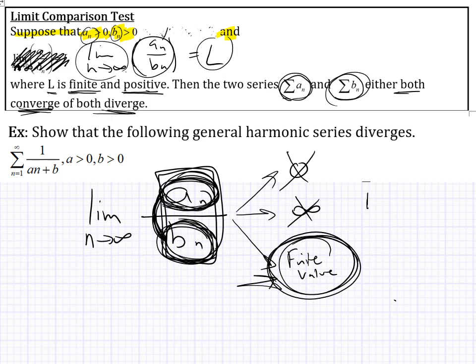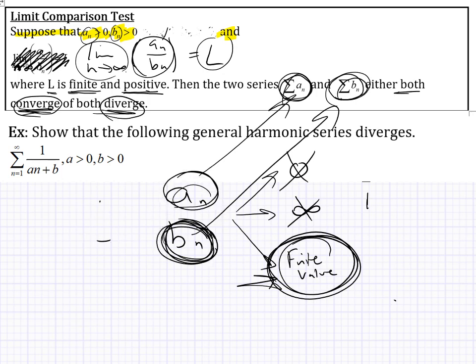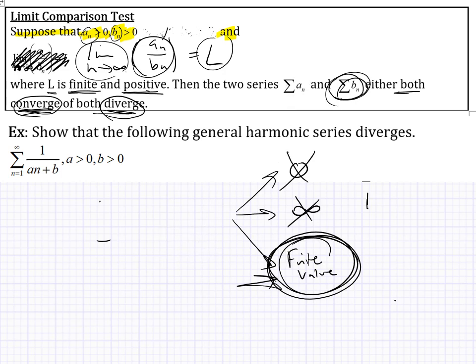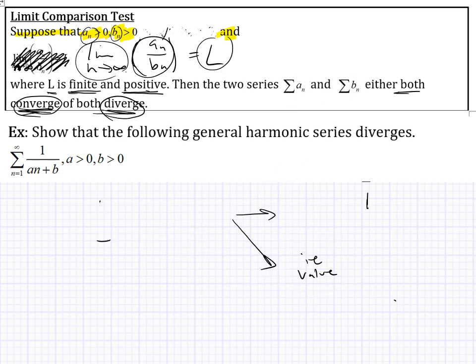So the terms of a sub n are the terms of this series, and b sub n represents the terms of this series. We're basically saying that the terms of each series are growing at the same rate. And if they're growing at the same rate, then they should both do the same thing. That's why this limit comparison test works. Now that's really the rough, I wouldn't even say proof of the test. That explains a little bit as to why the test is saying what it is.